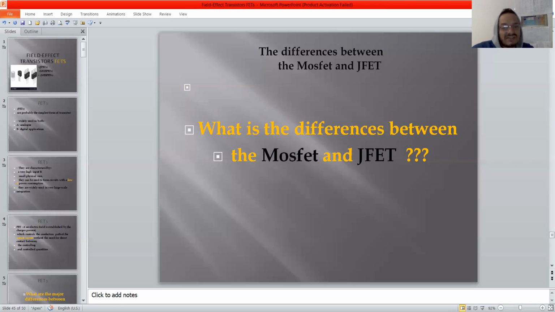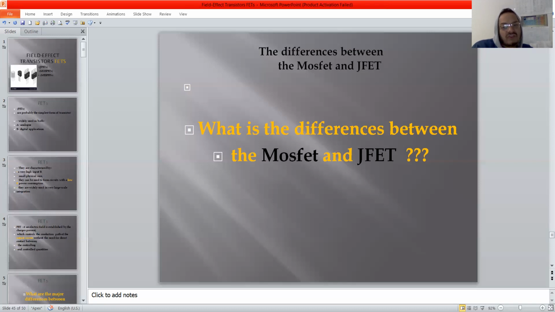Let's take a look at what happened in the current-voltage curve, the IV curve. The current will increase as determined by Ohm's law. Here, this line, we can say this is Ohm's law, increasing exponentially.